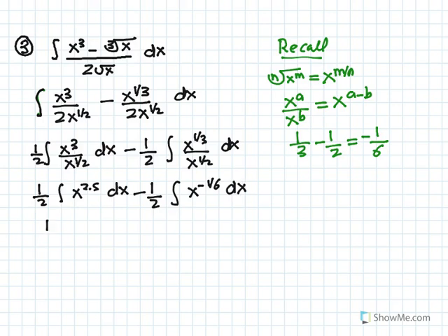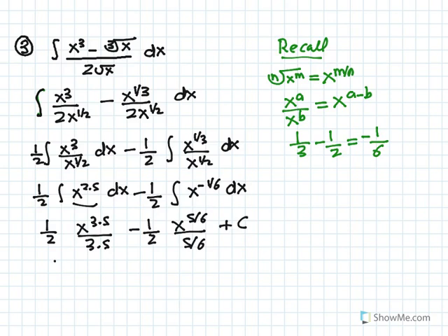Let's now integrate term by term. You get 1/2 x to the 3.5, adding 1 to the exponent, divide by 3.5, minus 1 over 2, x to the negative 1 over 6 plus 6 over 6, that's going to be 5 over 6, divide by 5 over 6.